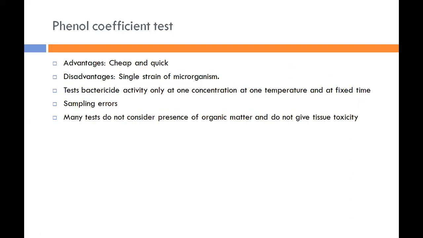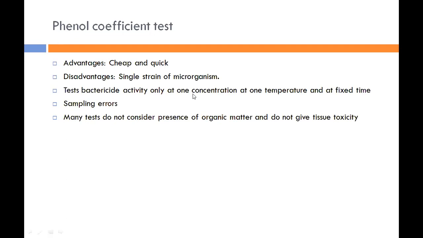It tests bactericidal activity only at one concentration, at one temperature, and at a fixed time. There can be sampling errors while performing this test, and many tests do not consider the presence of organic matter and do not give a tissue toxicity index. So these were the advantages and disadvantages of the phenol coefficient test.